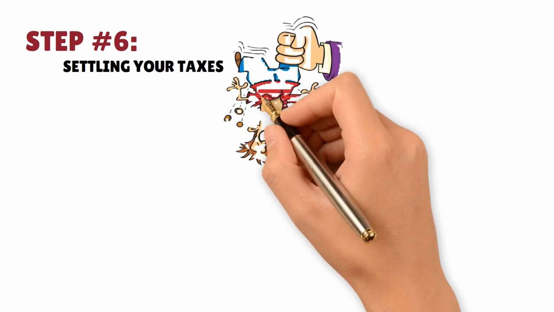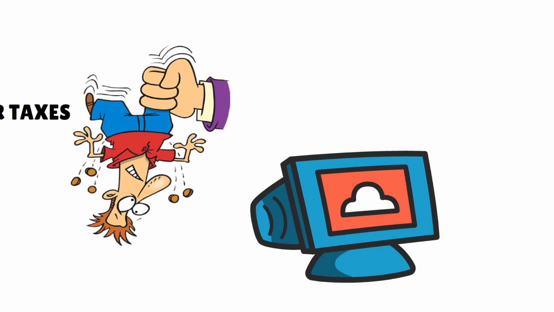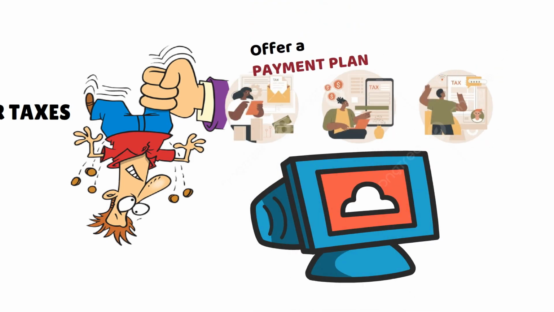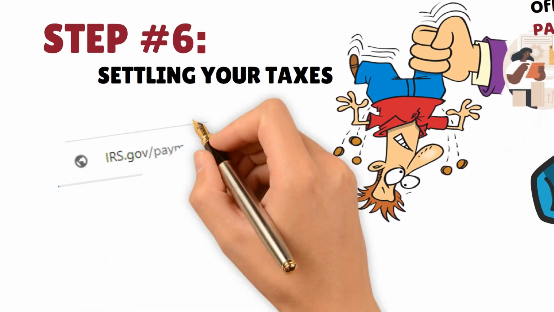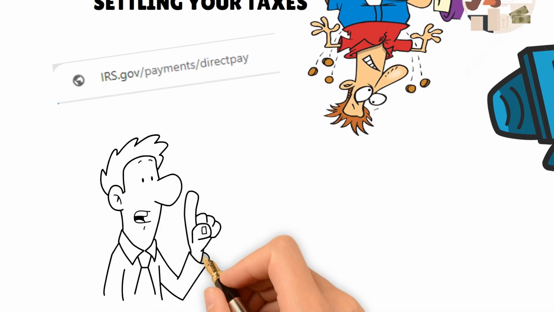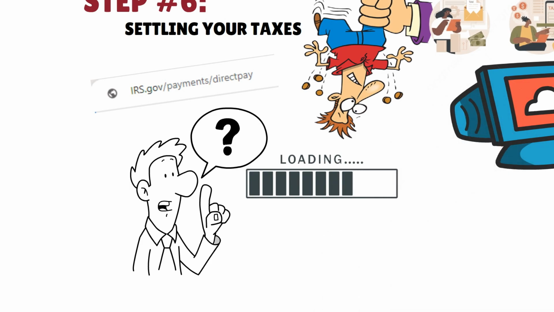Moving on to Step 6, settling your taxes. If you find yourself owing taxes by the end of the tax year, most tax software will precisely outline your owed amount and potentially offer a payment plan. Making these payments is easiest through irs.gov/payments/directpay. If you can't find your payment details, it's likely your tax return is still processing.